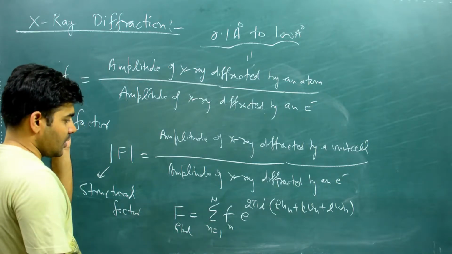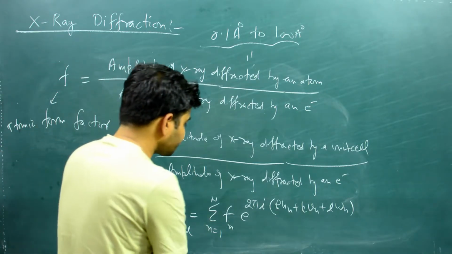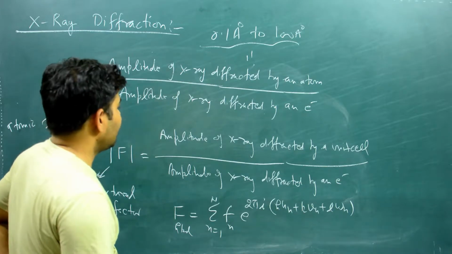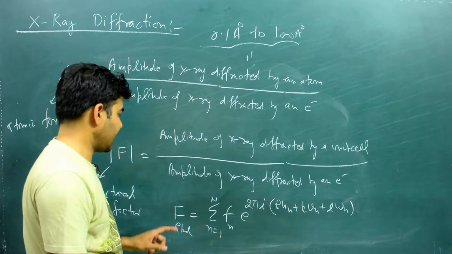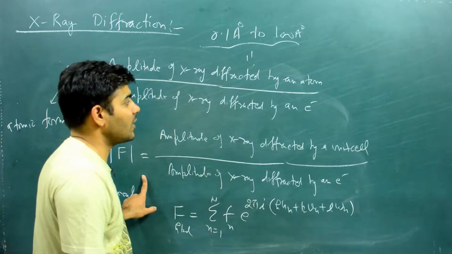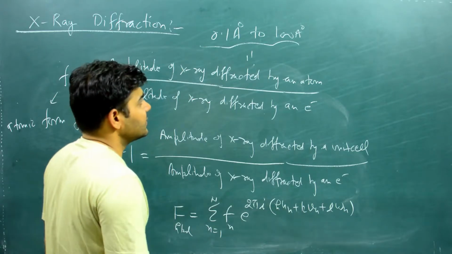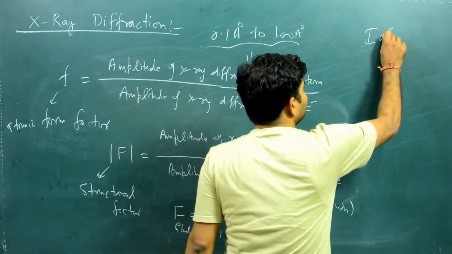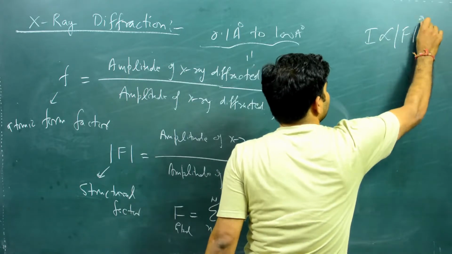The intensity of the diffracted X-rays is proportional to |F|^2.